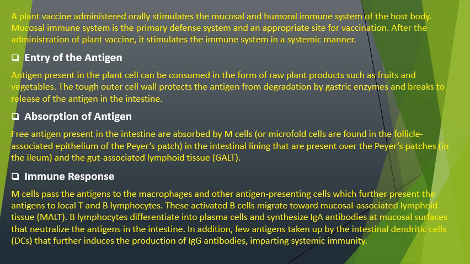First is the entry of antigen. The antigen present in a plant cell can be consumed in the form of raw plant products such as fruits and vegetables, and the tough outer cell wall protects the antigen from degradation by the gastric enzymes which will be attacking it when the particular plant vaccine is in our gastrointestinal tract.